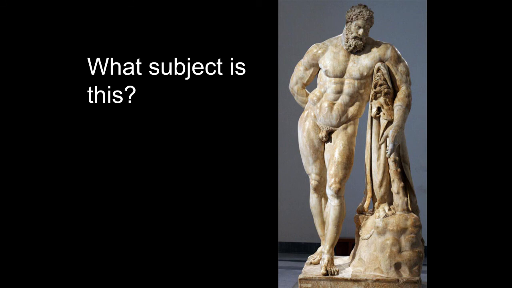Now, some of you will be able to identify it better. You see a nude muscular figure, so immediately you probably think, oh, it's a classical hero or a god. And then look a little closer at his attributes. He's leaning up against a club, and draped over that club is a lion skin.